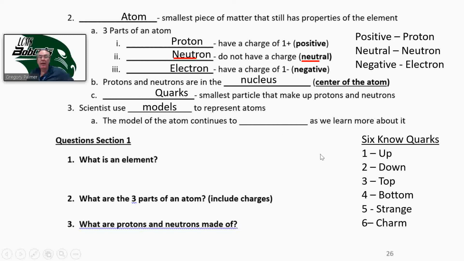Now, because atoms are so small and we can't actually look at an individual atom, even with all the technology we have today, scientists use models to represent atoms. A lot of times when things are either too big for us to describe or see, or too small, we use a model. For example, when we want to talk about Earth, we use a model like a globe and say, this is what Earth looks like, and Russia's over here, and the United States over here, and China's down over there, and Africa's here, and Europe's up there.